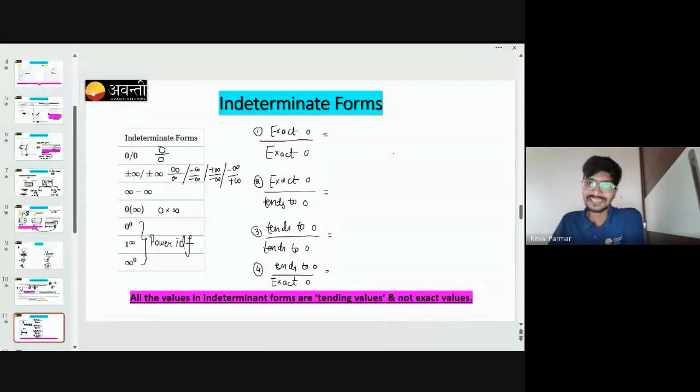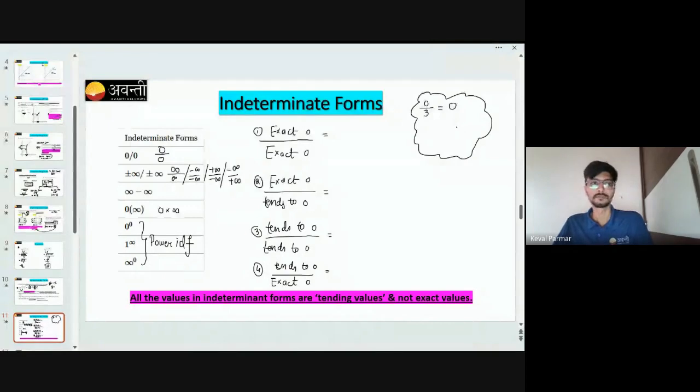Before going into this, let me see what these values are. We can see 0 upon any number is equal to 0, and any number upon 0 is basically not defined. I hope these two parts are clear. Then you can try to attempt these four cases.